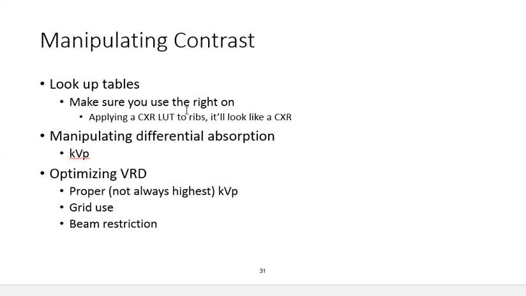So we want to use the proper KVP. We can get too high with our KVP and cover up our detail. Our visibility goes down. If we're shooting low contrast tissue, like primarily soft tissue, then we're going to create a lot of scatter radiation regardless of what the KVP is.